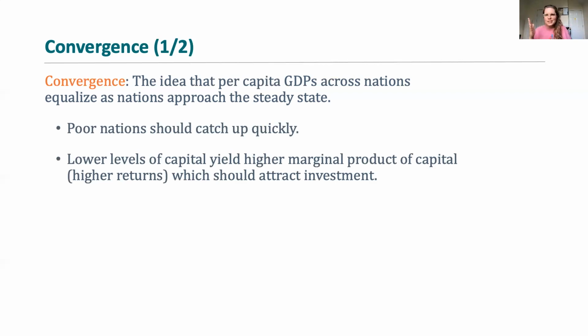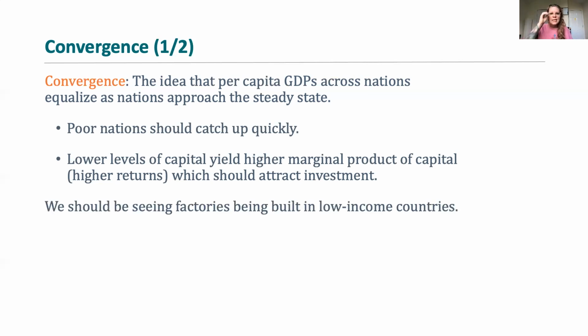Right? This would suggest that these poor countries should really catch up quickly, and that even at lower levels of capital, since they yield higher marginal product, this would continue to attract investment in those poorer nations, right? What this would mean is that we would continue to see new factories being built in these low-income countries.